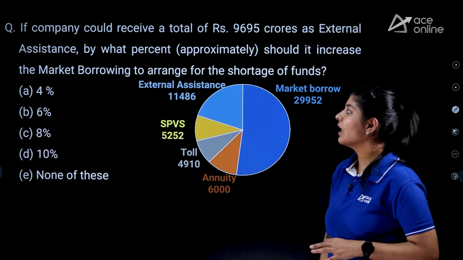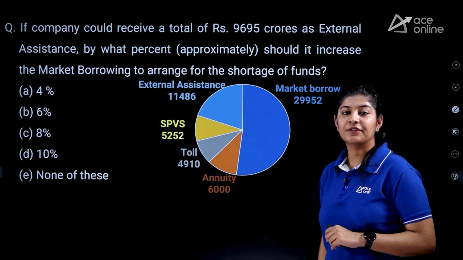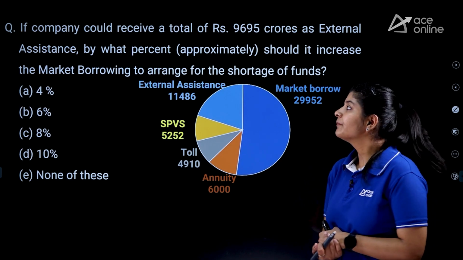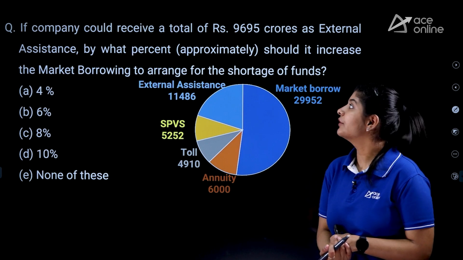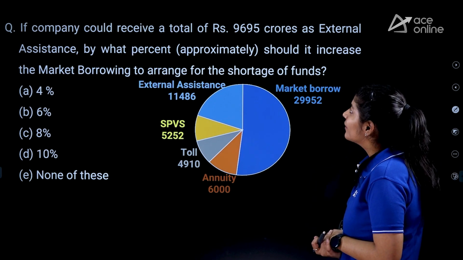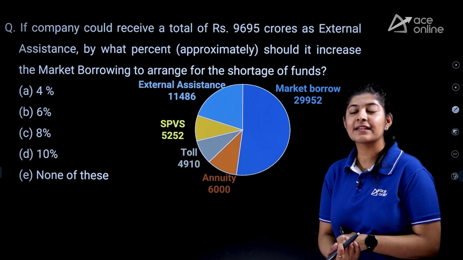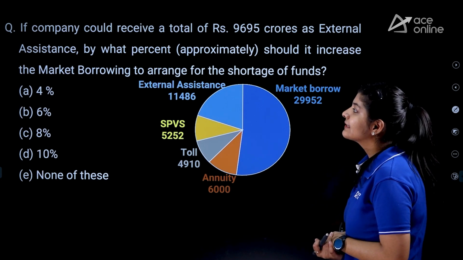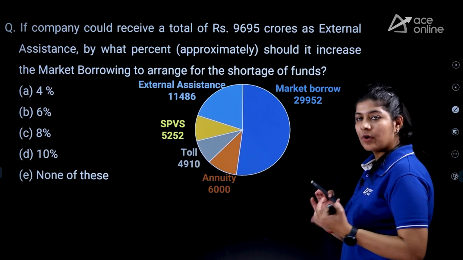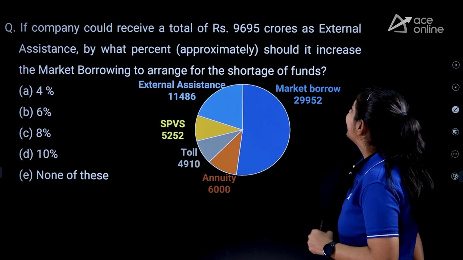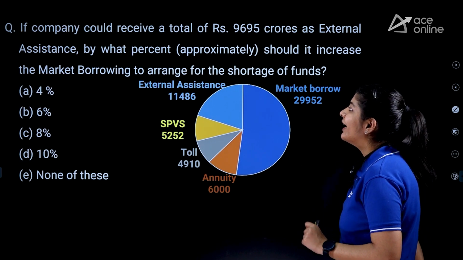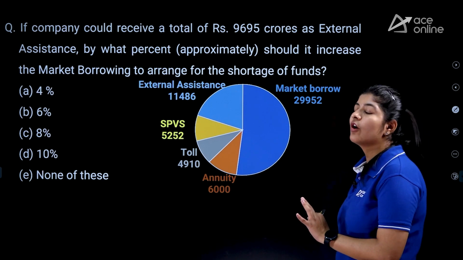Okay. So here we have the very first question. The question says that if the company could receive a total of rupees 9,696 crores as external assistance, by what percent approximately should it increase the market borrowing to arrange for the shortage of funds?